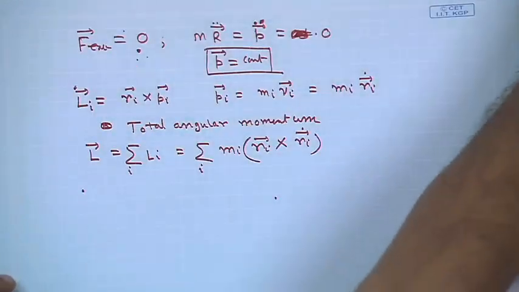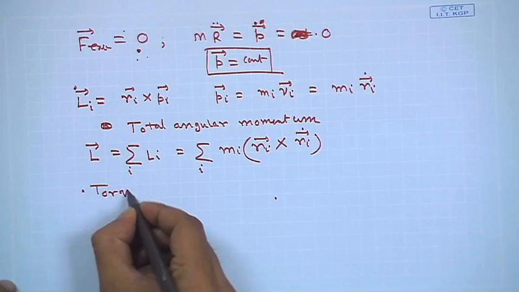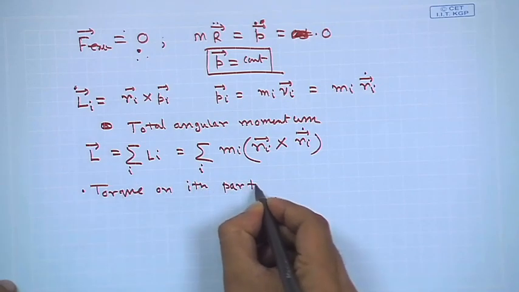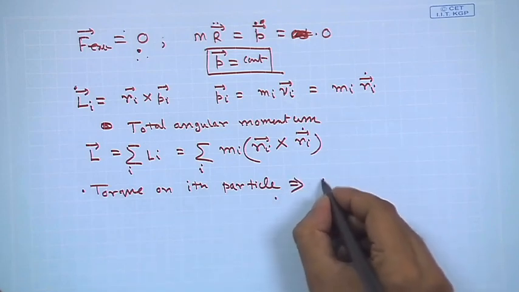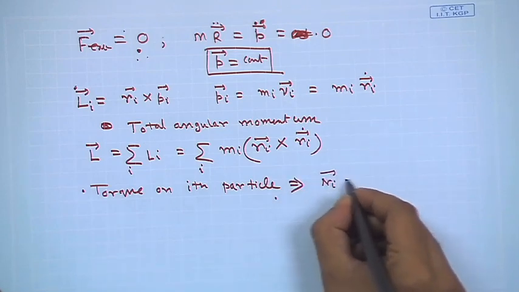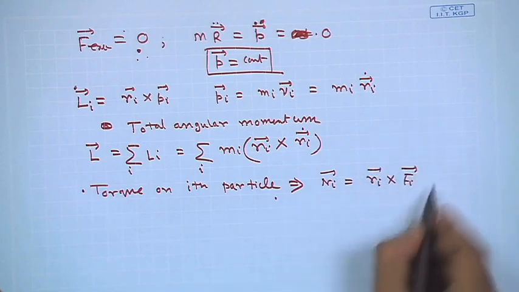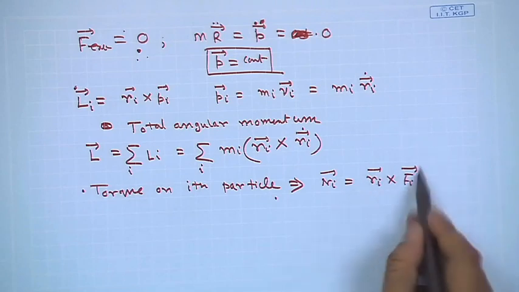Now, if we try to calculate this torque on the ith particle, it is simply N_i equal to r_i cross F_i, the torque of this particular force on the ith particle about the origin.